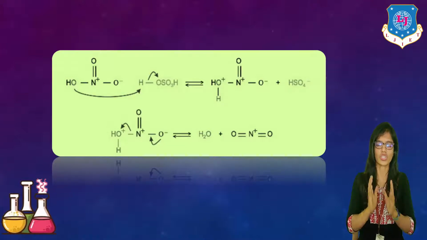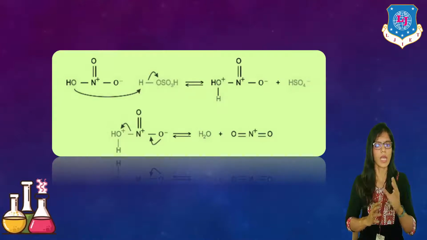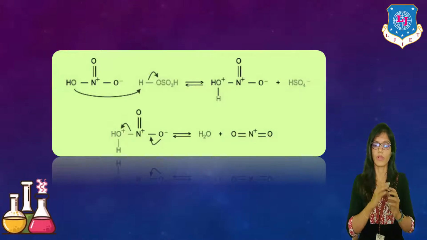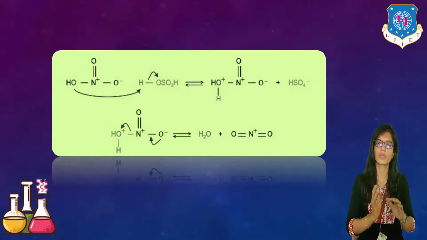That whole combination is there, as you can see, and HSO4 minus is produced. Now that compound will be further converted into NO2 plus, so N double bonded with oxygen, double bonded with oxygen, plus H2O.